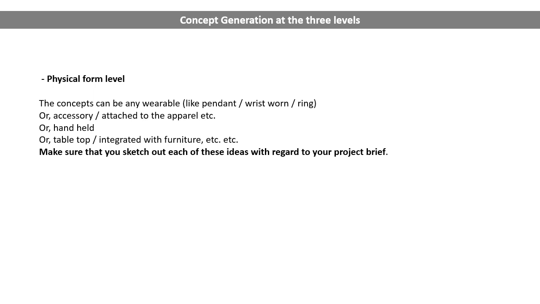It can be a wearable in the form of a pendant, a wrist-worn thing or a ring, or any accessory attached to your apparel, or any other device of day-to-day personal use, or a handheld device, a tabletop device, or a device integrated with the furniture, and so on. The most important thing is that whatever you ideate, you should sketch out each of these ideas on paper, and that has to be in sync with your project brief.